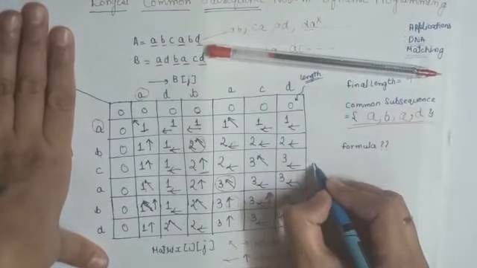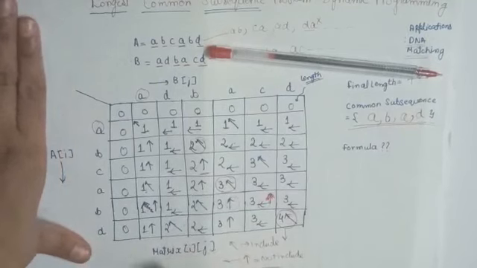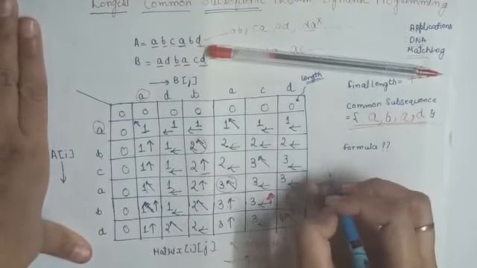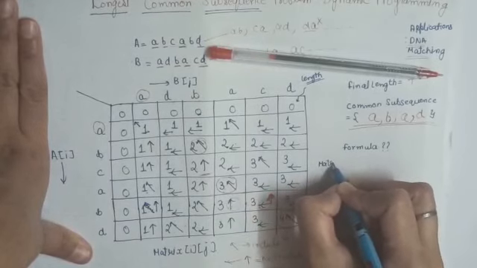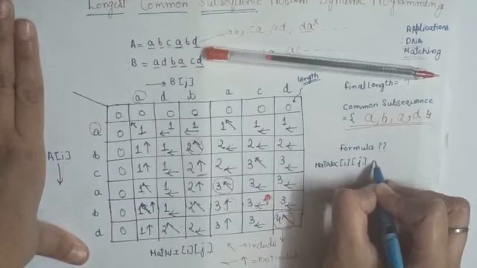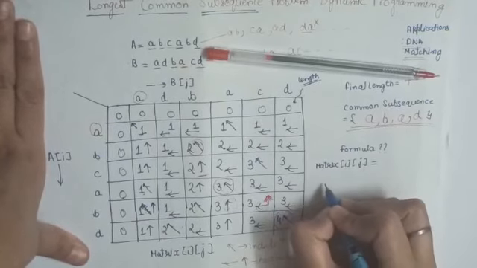So friends, let's write the formula for this. What is the formula to fill a value in this matrix? I have named this matrix as matrix i, j. Matrix i, j value will be equal to, what is the condition?